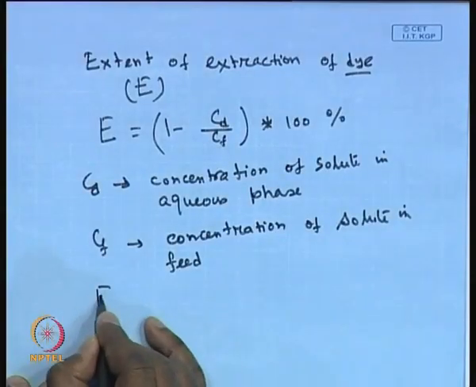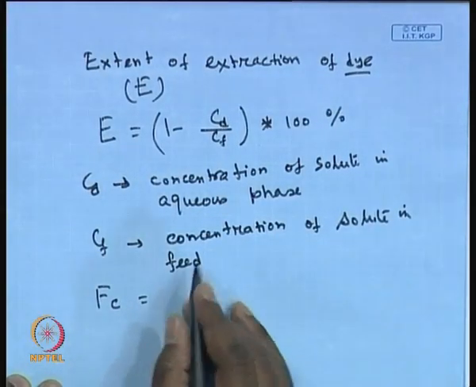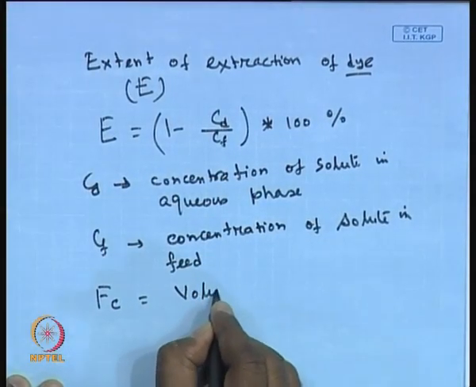So, it will be dehydrated. Most of the micelles will be coming into the quasi fed phase, reducing its volume drastically. So, this is defined as the volume reduction factor.